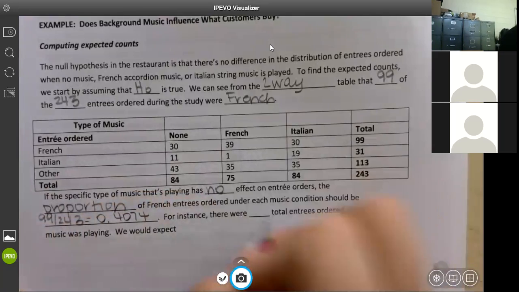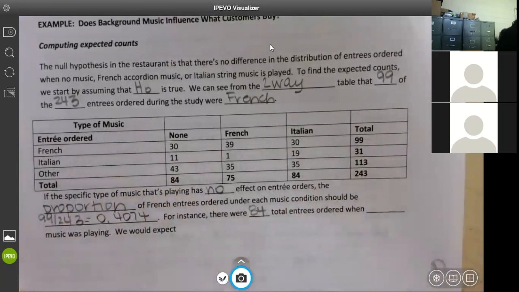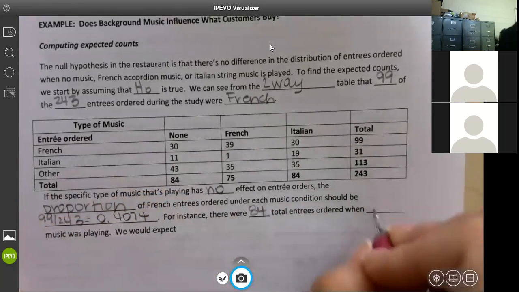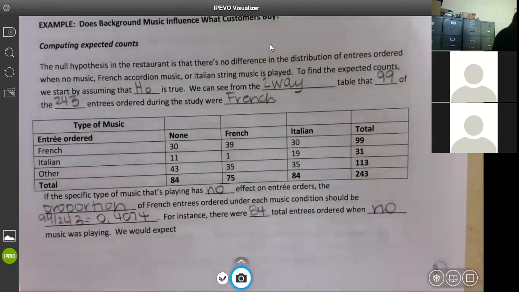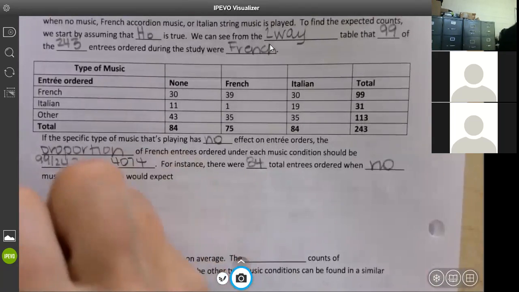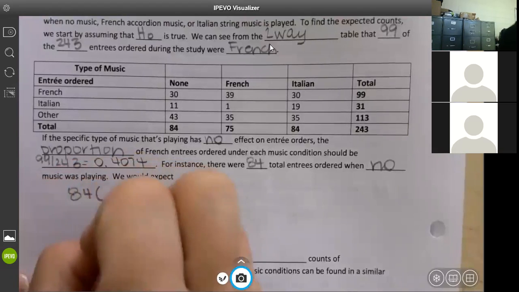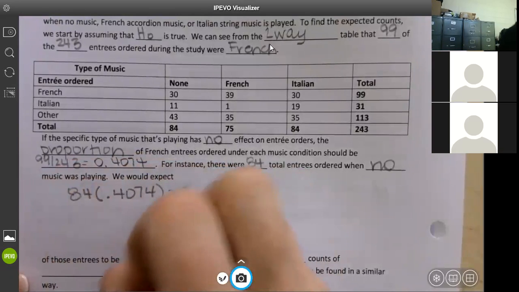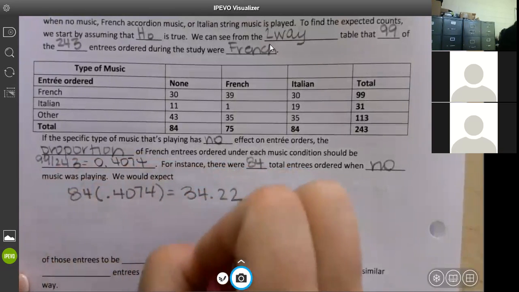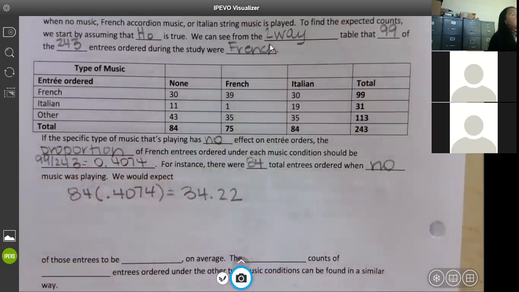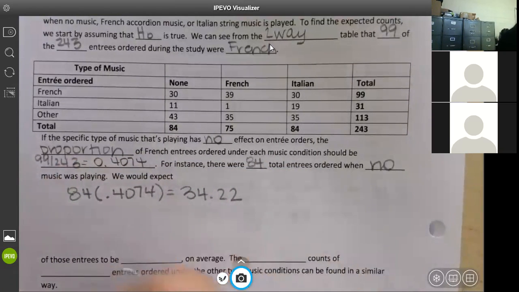For instance, there were 84 total entrees ordered when no music was playing. So then we would expect 84 times 0.4074, or 34.22 entrees. So we're just taking the percentage of the whole. So we would expect 34.22 of those entrees to be French on average.